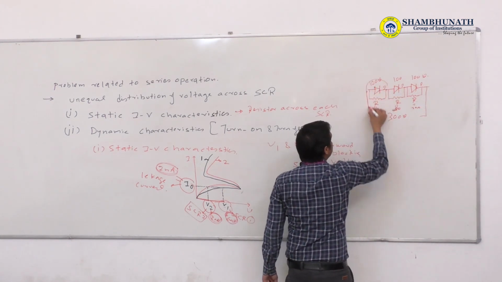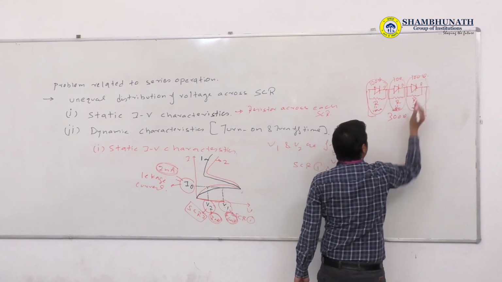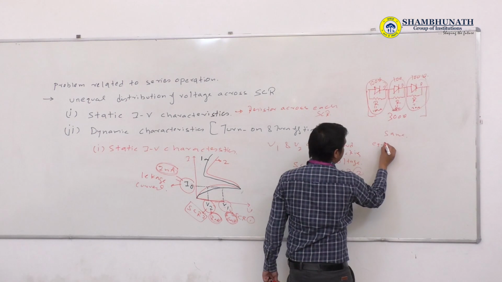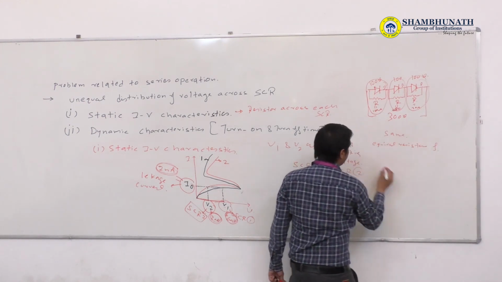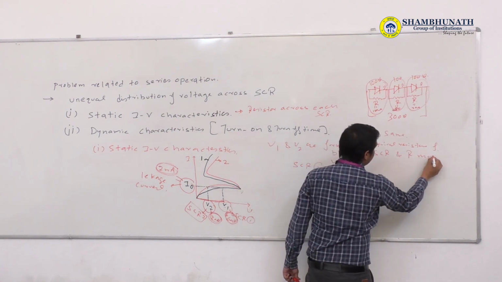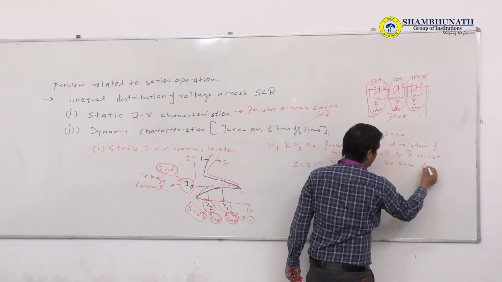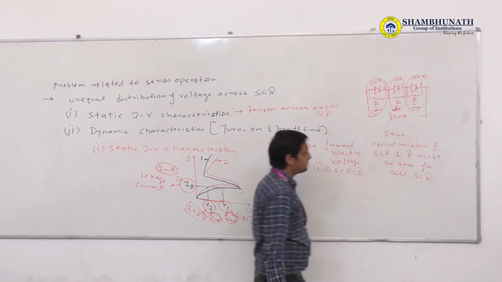Then the combination of this and the combination of this must be the same. That means the equivalent resistance of SCR and R must be the same for all SCRs.